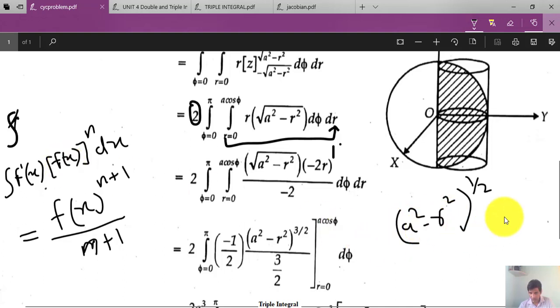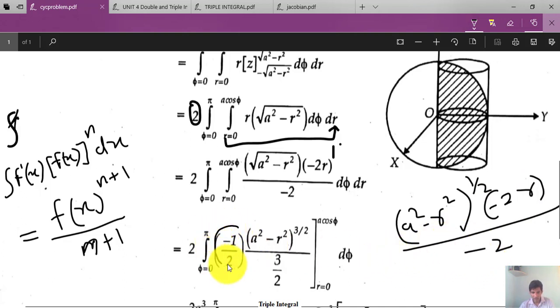It is obviously minus 2r, right? So to make it a formula, I divided by minus 2 over here so that it is the same. Because r is already here, I require minus 2 to complete it in a particular formula. So this minus 2 I am taking here, so it becomes minus 1 by 2.